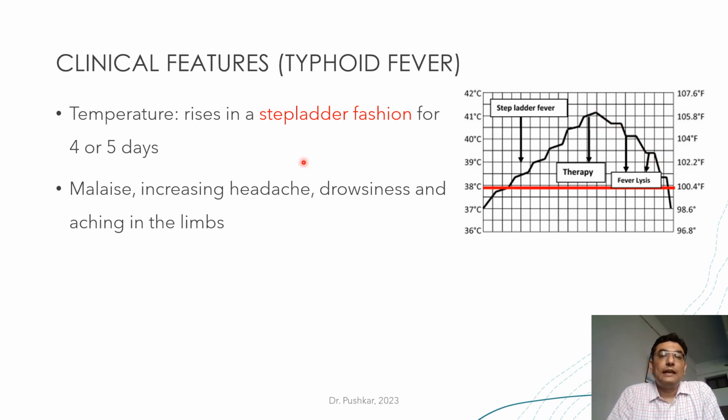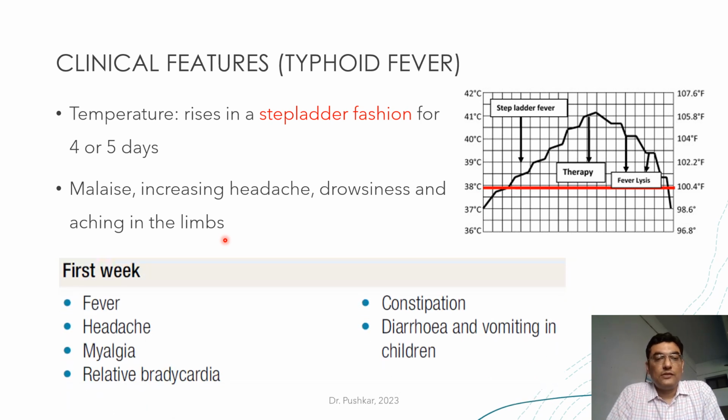With this fever the patient may have symptoms such as malaise, which in Hindi we can say bechaini, as well as headache, drowsiness, and myalgia, meaning aching in the limbs, especially in the starting phase. So in the first week, the patient may have fever, headache, myalgia, and constipation.